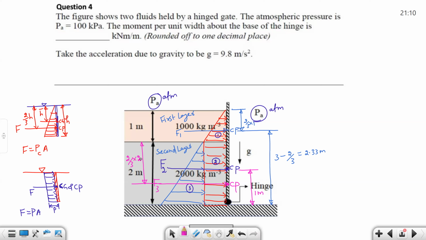So this distance is 2 minus 4/3, which is 0.67 meter. So that is this distance.